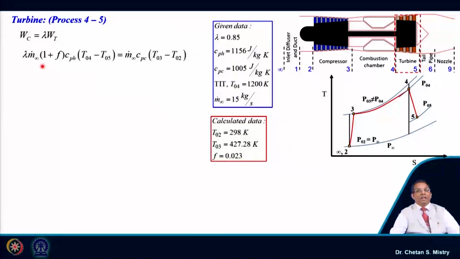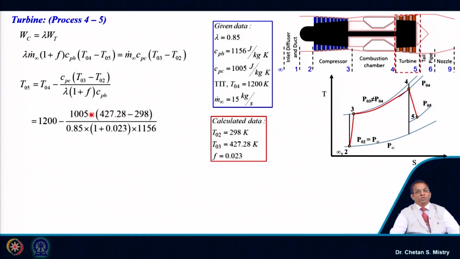We will put this in the formulation. It says lambda times MF times bracket 1 plus F, Cp, T04 minus T05, equal to M Cp delta T0. Based on that we can calculate our outlet temperature from the turbine. So, let us put in the numbers.